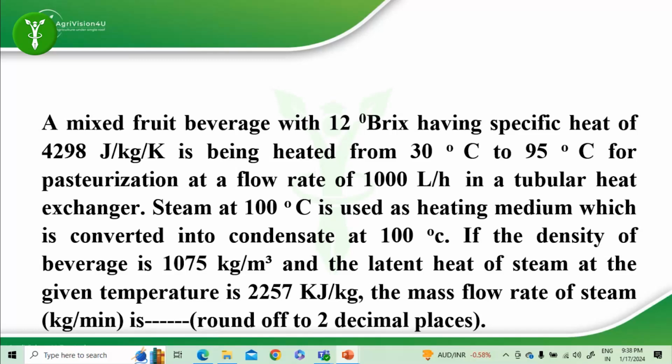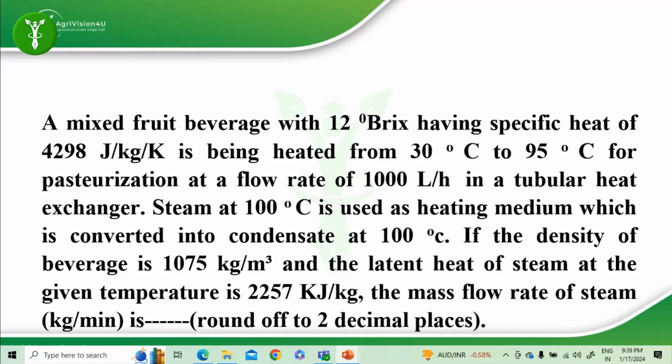Heat is transferred from high temperature to low temperature, right? So the heat is being transferred from steam to our juice, our mixed fruit beverage. Okay, so in this case, what will happen? The value of Q, the rate of heat transfer that we are calculating with respect to the beverage, will be the same as what we are calculating with respect to the steam.